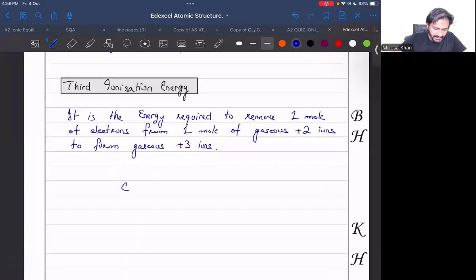And if we write the equation, let's say for chlorine, if you already have a chlorine gaseous positive 2 ion and you further remove 1 mole of electrons, you will get a chlorine gaseous positive 3 ion. For calcium, it should be calcium 2 positive gaseous ion to form calcium 3 positive gaseous ion.